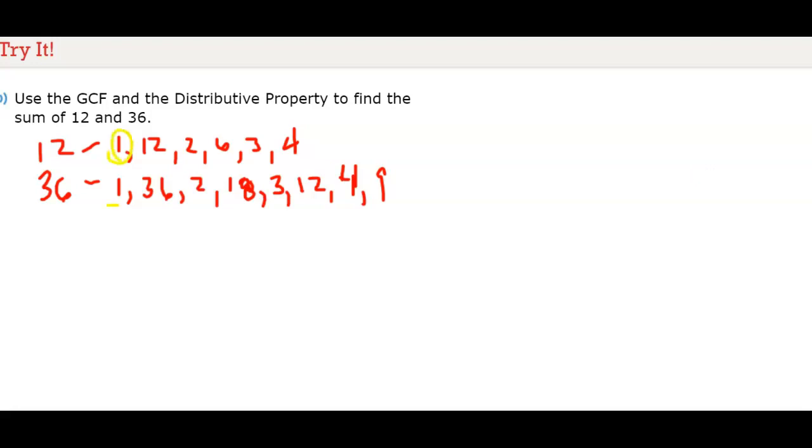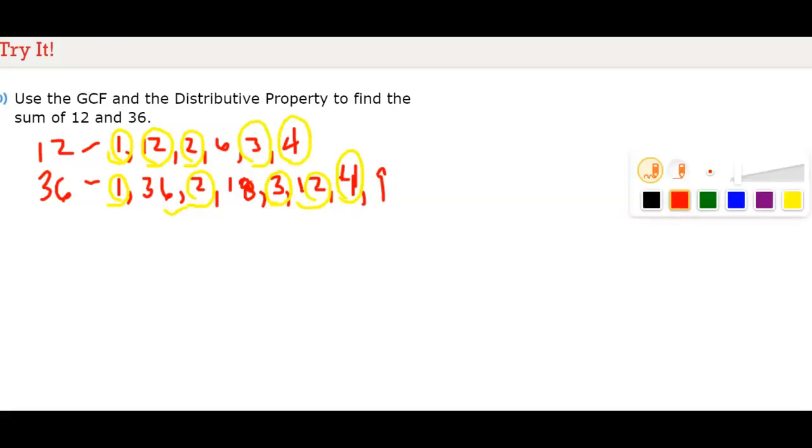So we have 1, we got 12, we got 2, we have 3, we have 4, and oh, I left out a factor for 36. 6 times 6 is 36, and then 6 becomes a common factor.